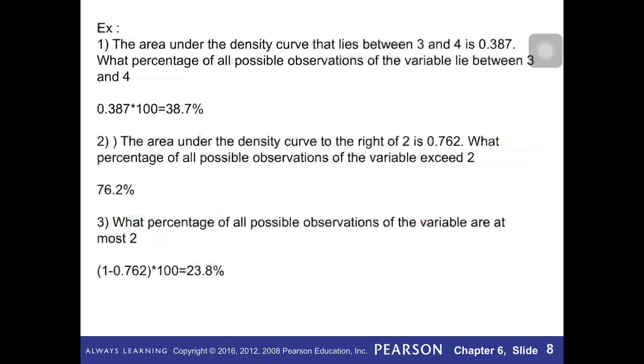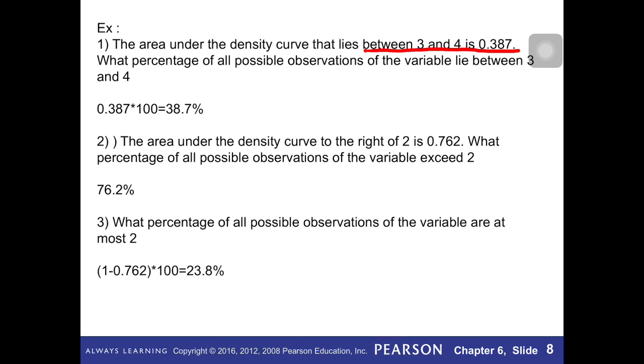Okay, we have an example. The area under the density curve that lies between, we have this keyword between, 3 and 4 is 0.387. What percentage of all possible observations of the variable lie between 3 and 4?